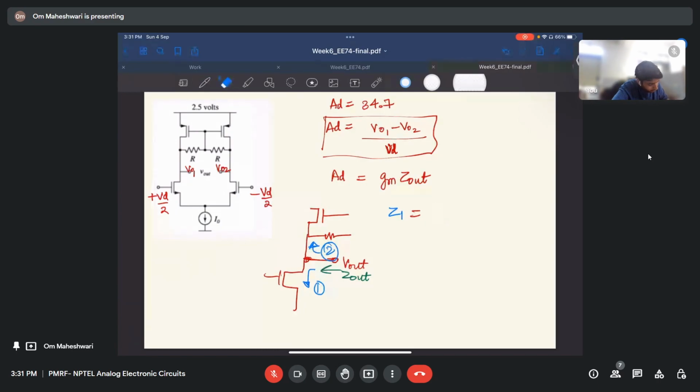GMB is not given, so I'll ignore that. I'll write GDN. This is an NMOS here, and the one above is a PMOS, so it has GDN and GDP.